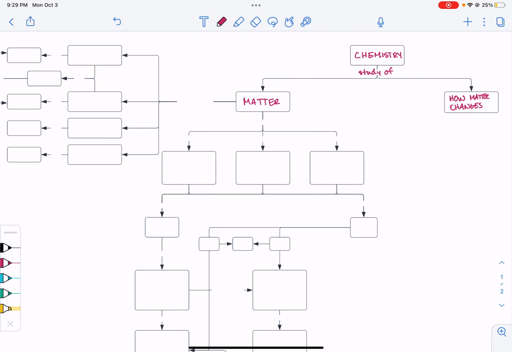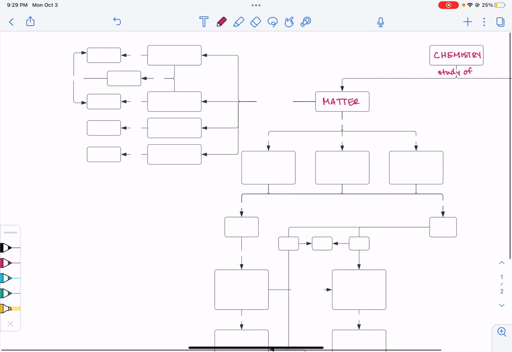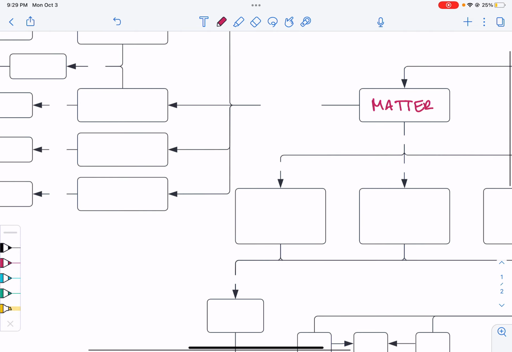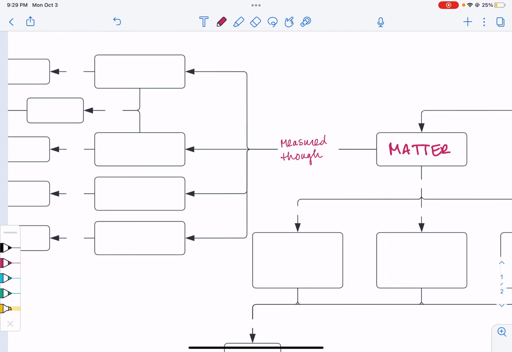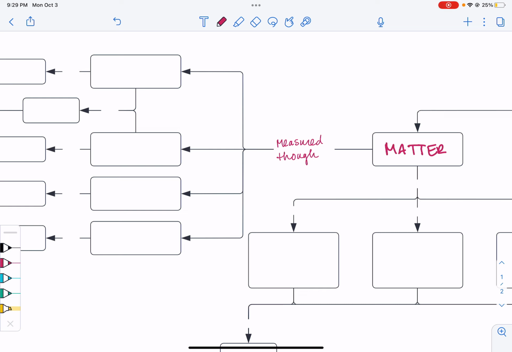Okay, so first we looked at how we measure matter. So matter is measured through lots of different ways, but we focused on four specific ways.